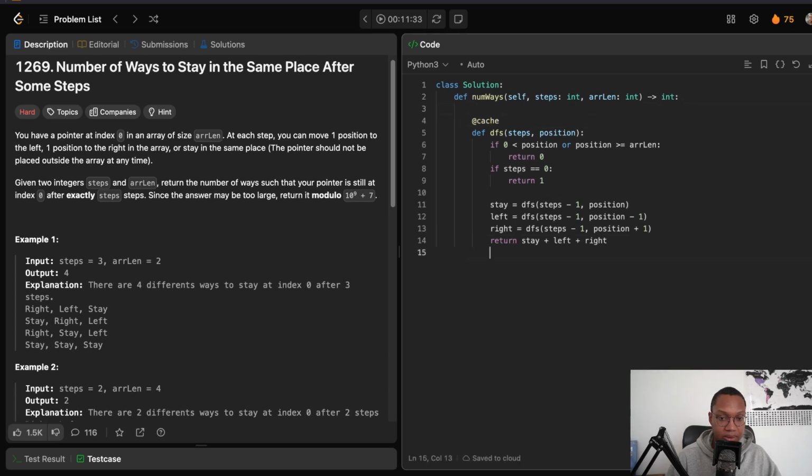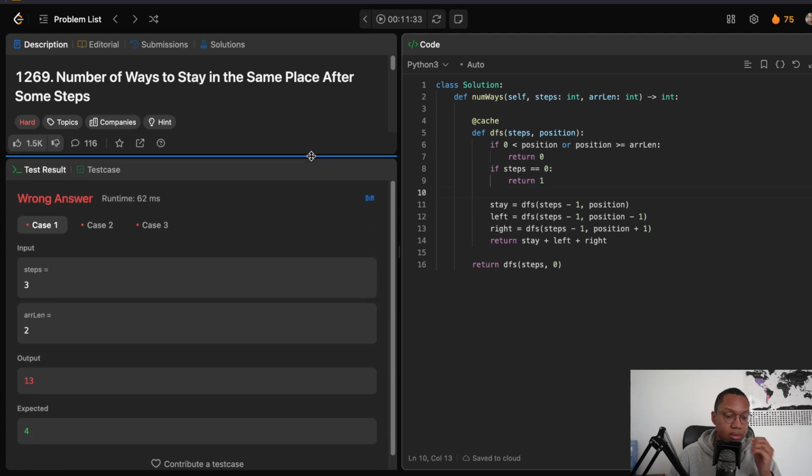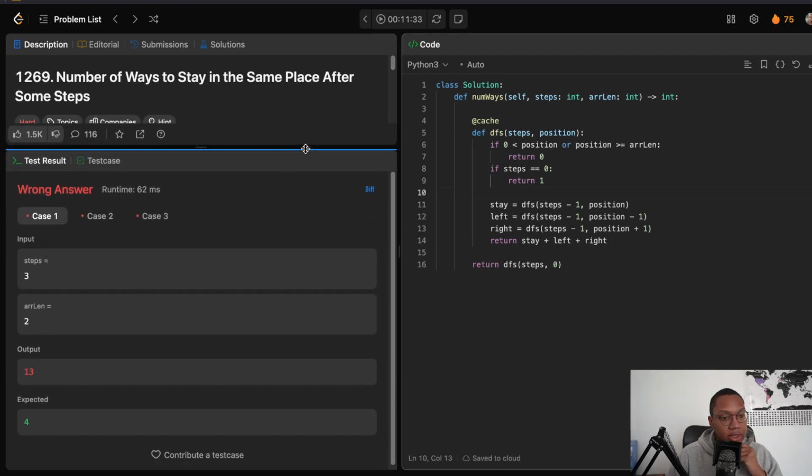Really feel like that should work, because we can hit the same position multiple times and then just return the answer that we would have gotten, I think. Maybe. And we get 13.